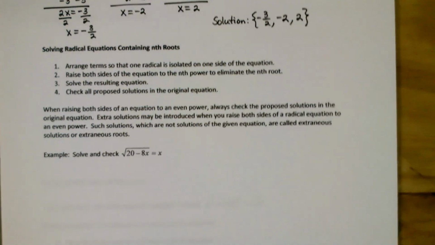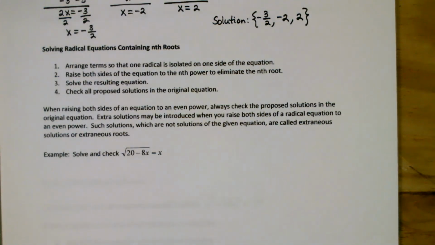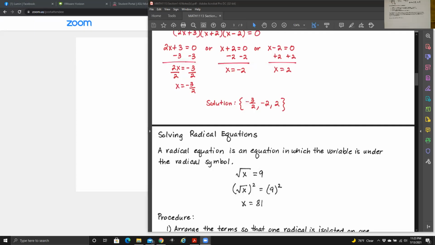It's not in this handout that I have here, but here it is, where it says solving radical equations. Here's the definition. A radical equation is an equation in which the variable is under the radical symbol. Like in this case, if I have the square root of x equals 9, and I want to solve for x, the opposite of taking the square root would be to square both sides.